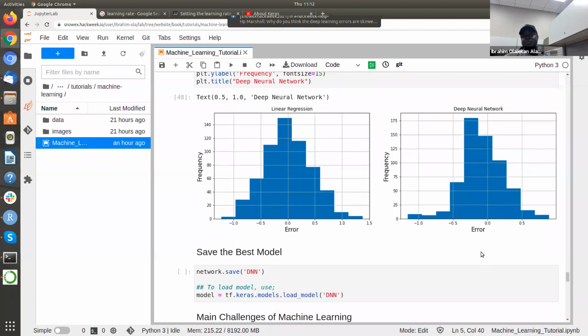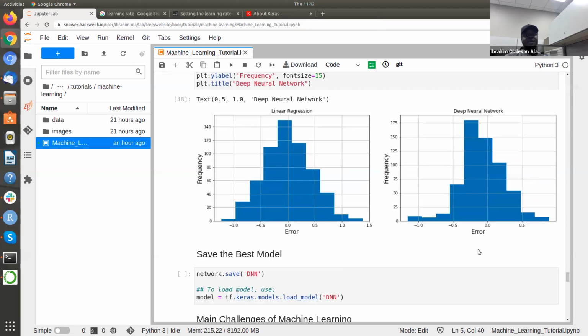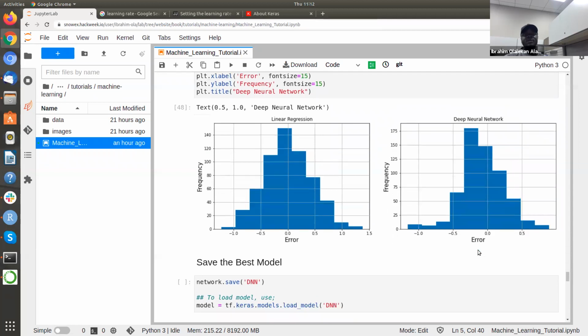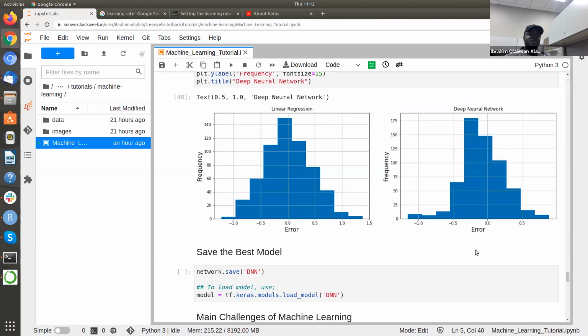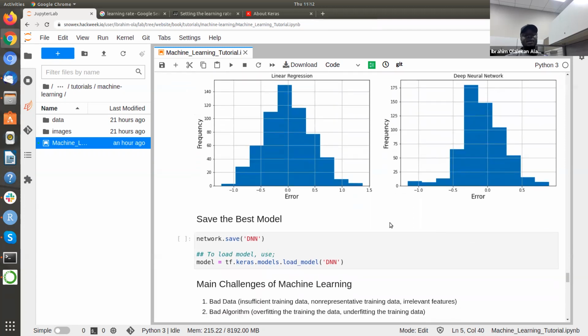One thing we can also do, after getting the preferred model, is always save the best model so that you don't have to train your model every time. Keras gives us an avenue to do that by just picking the name of the model and adding .save.